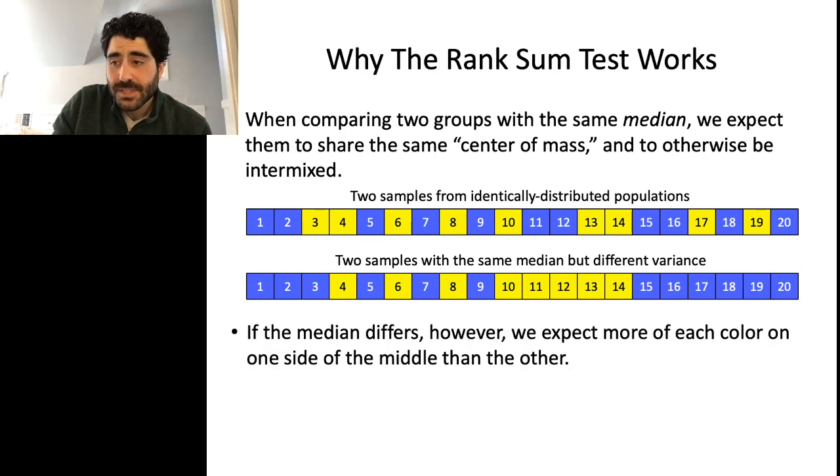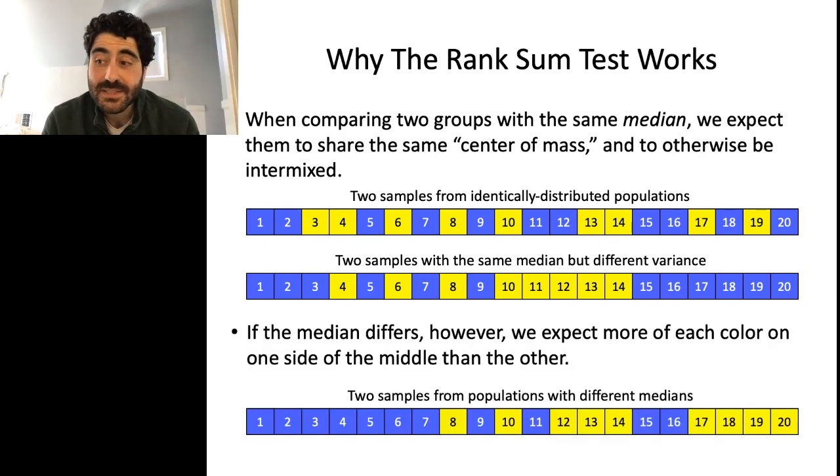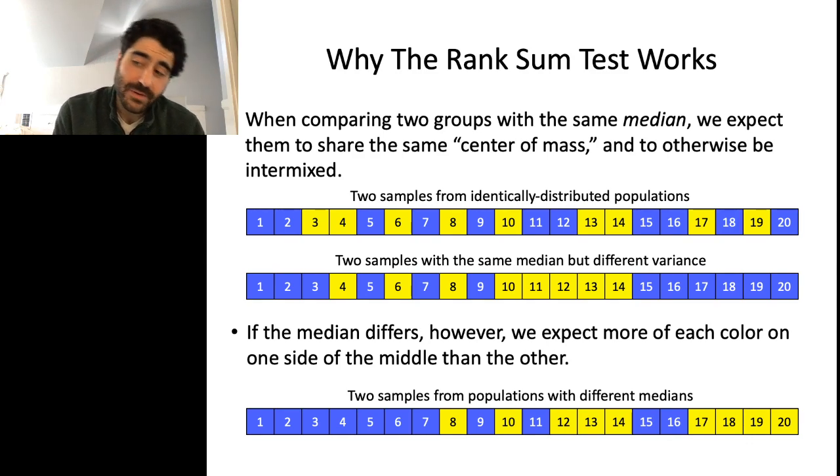But if there are differences in the populations, we'd expect something like this. In this example, the 7 smallest values are all from blue, and the 4 biggest values are all from yellow. On average, the blue values here have lower ranks than the yellow ones do. So this is basically all we're going to test here: we're going to sum up the ranks of one of these groups.